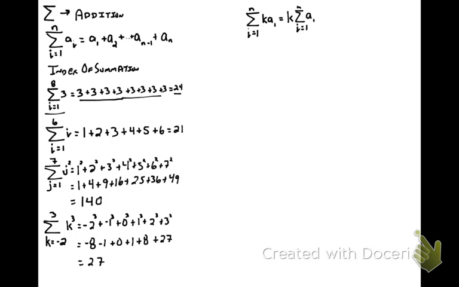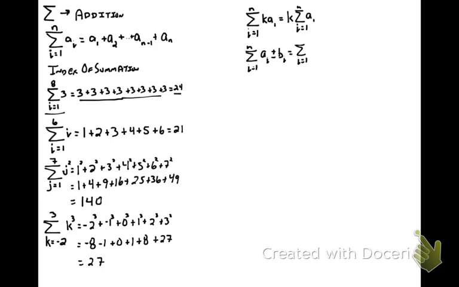The second thing that you're allowed to do is, let's say you have a more complicated rule, I equals 1 to n, and it might be some rule a sub I plus or minus some second rule b sub I in terms of I. You could consider each piece independently.